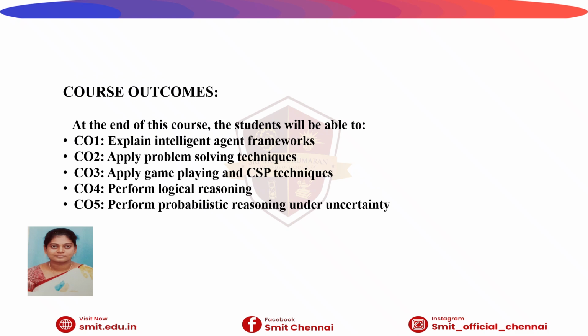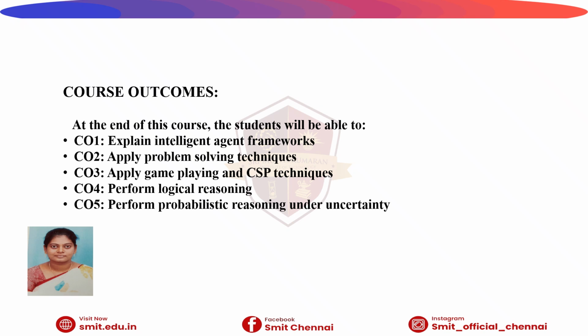Now the course outcomes. We have 5 course outcomes for 5 units. First course outcome with respect to unit 1 is to understand and explain different AI intelligent agent frameworks. Second course outcome for unit 2, to learn problem solving techniques and to apply them.